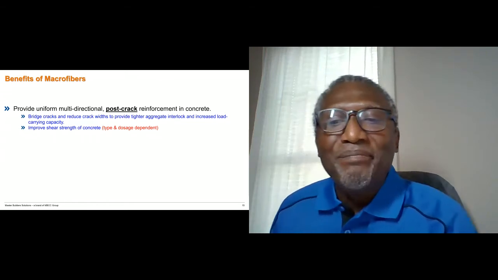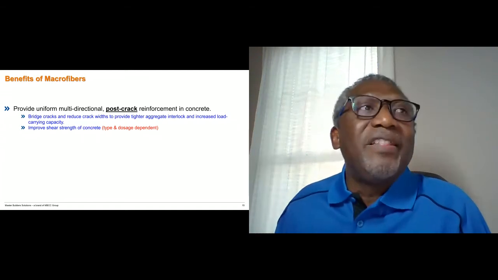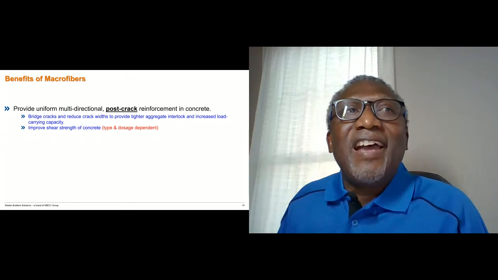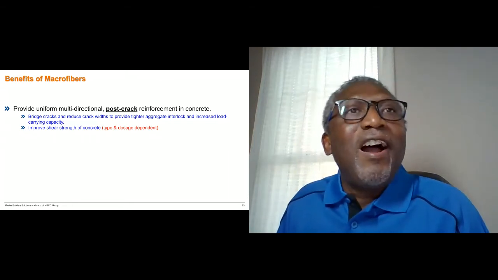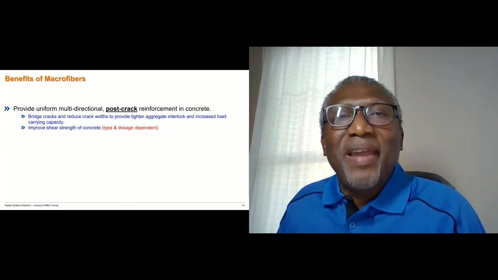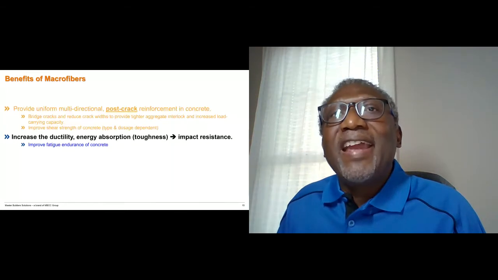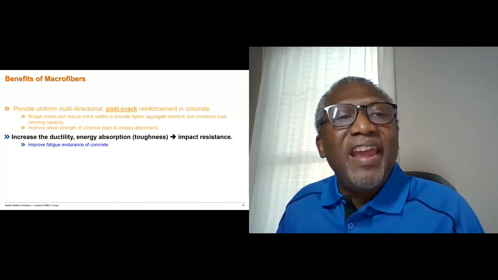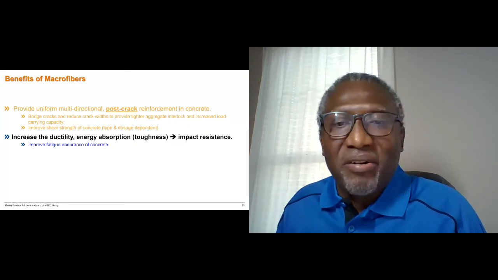Now, one of the main benefits of fibers is the fact that at a sufficient dosage, they will increase the ductility and the toughness of the concrete. The toughness is another name for the ability of the concrete to absorb and dissipate energy. And the big benefit of this is that it increases significantly the impact resistance, which then improves the fatigue endurance of the concrete.